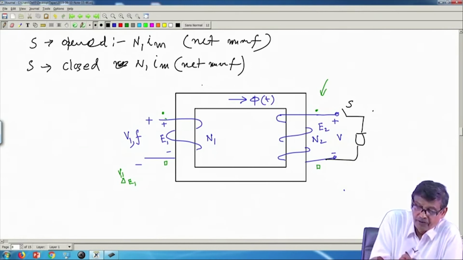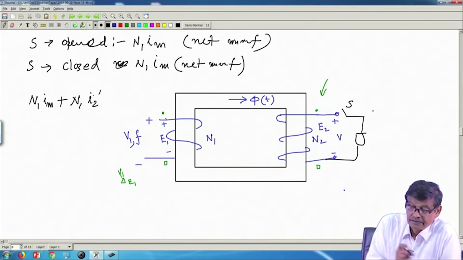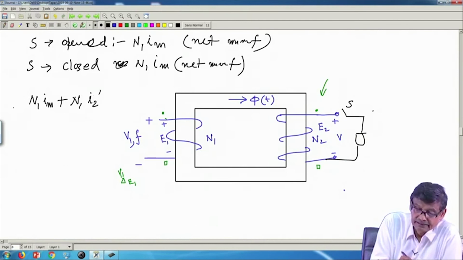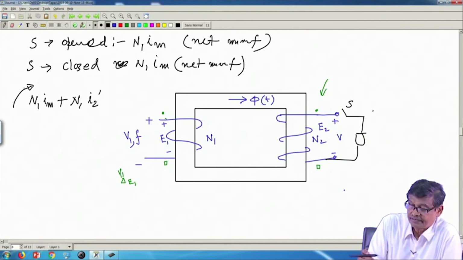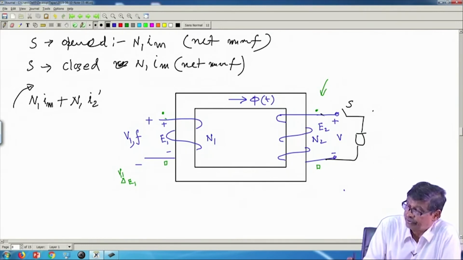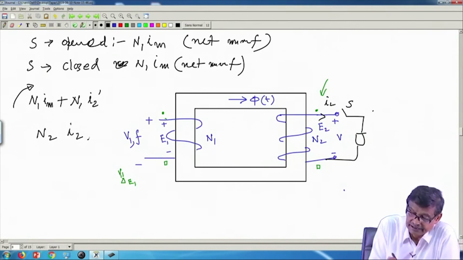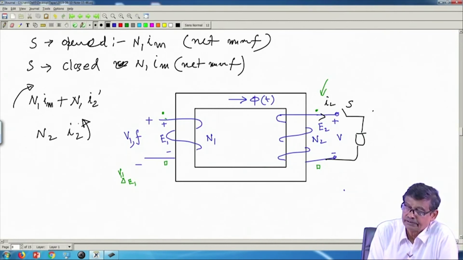So, net MMF of the primary coil is N1 IM plus N1 into I2 dashed, and this is in the clockwise direction, flux it creates. The MMF contributed by the secondary, if you show this is the current, is N2 I2, and it creates flux in the opposite direction.